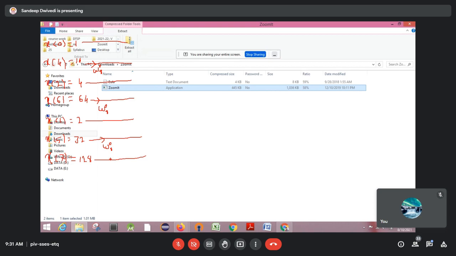Oh, sorry, one thing, x of 3 is not there, so here you need to write x of 3. Okay, so this is x of 3, and the value of x of 3 is 8 only.